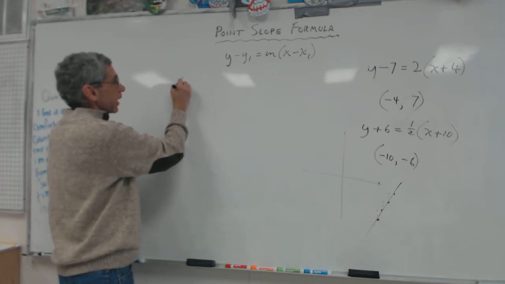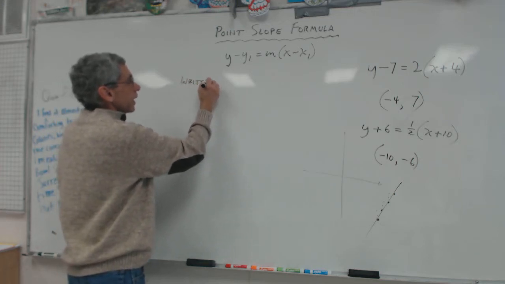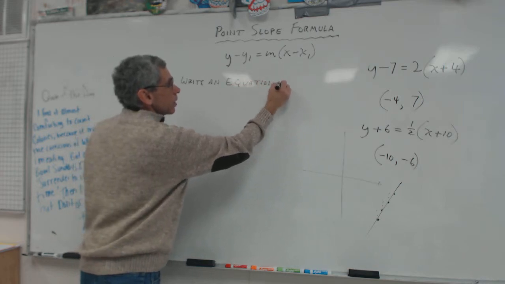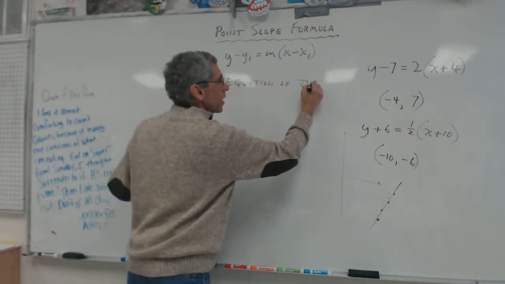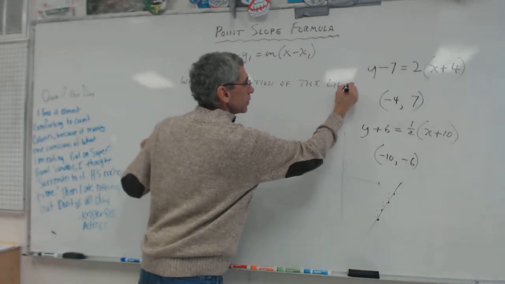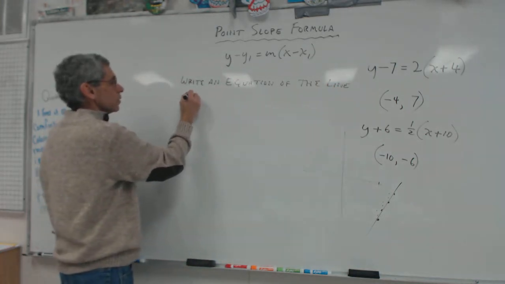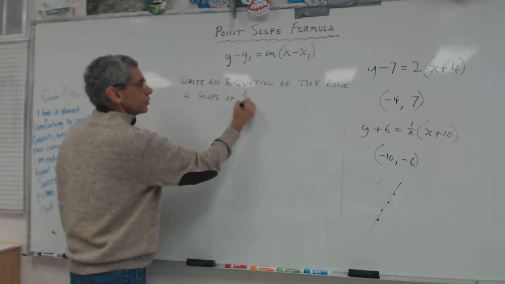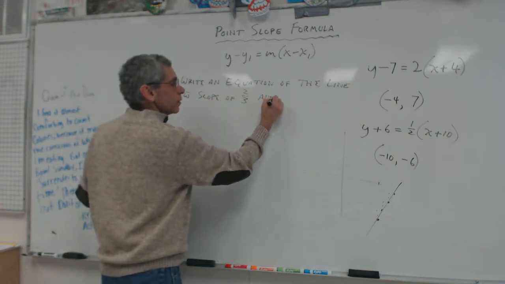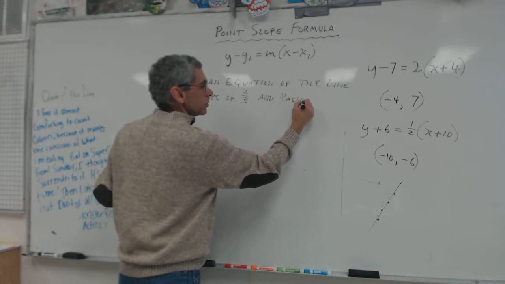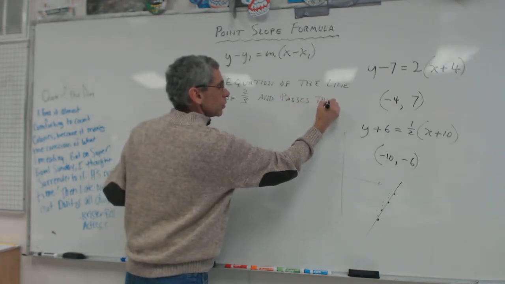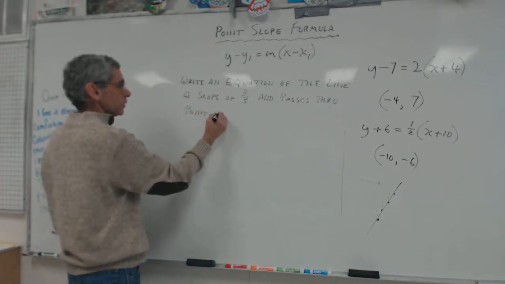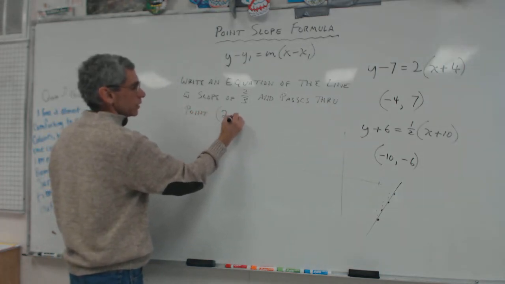Now let's say I said write an equation of the line with slope of 2/3 and passes through the point 2 comma negative 1.